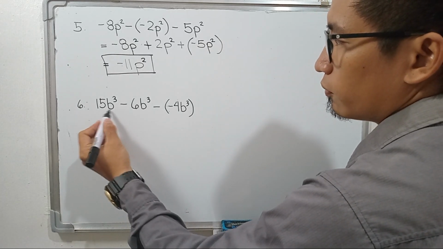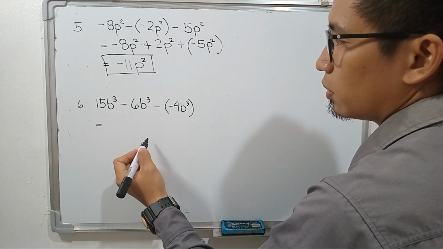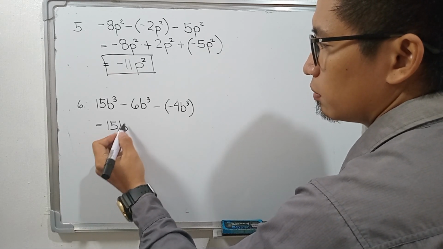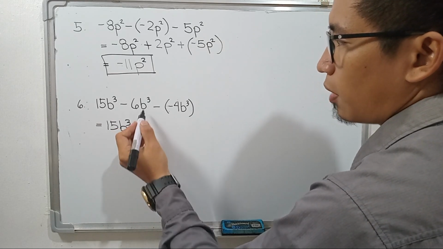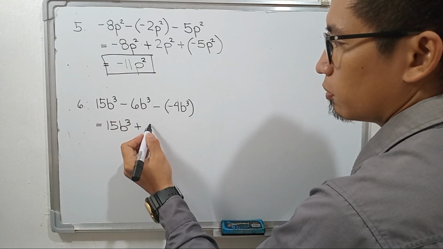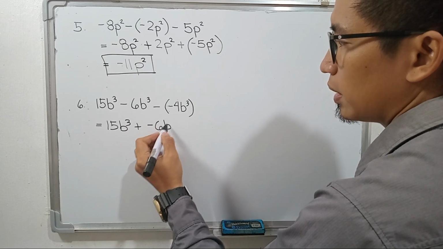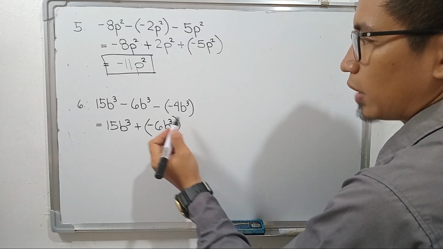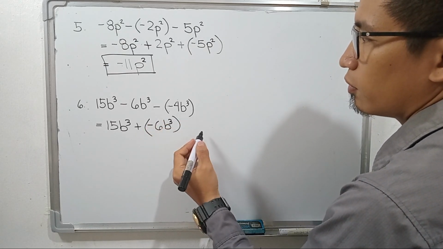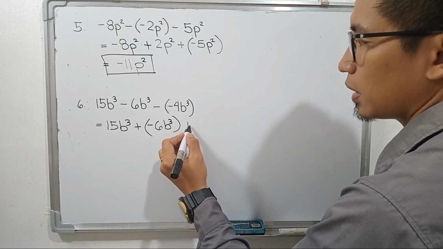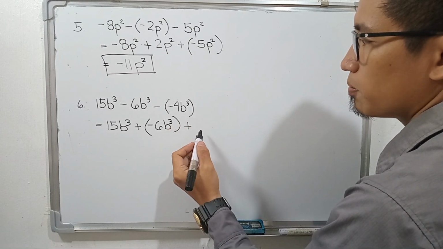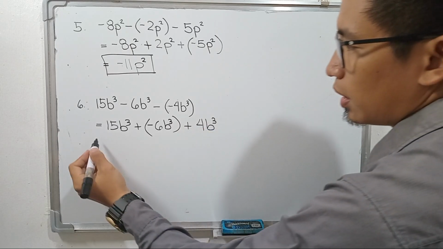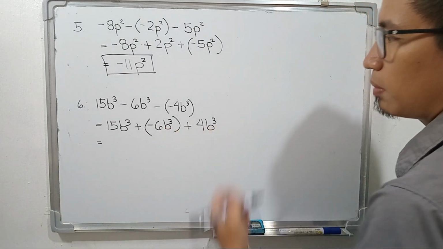So 15b cubed minus 6b cubed can be written as 15b cubed plus the opposite of positive 6b cubed would be negative 6b cubed. Then we put it inside the parentheses. Another way of writing minus negative 4b cubed would be plus the opposite of negative 4b cubed will be positive 4b cubed. And then we will just add these three monomials.